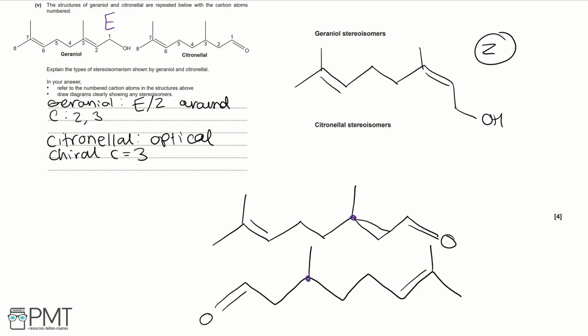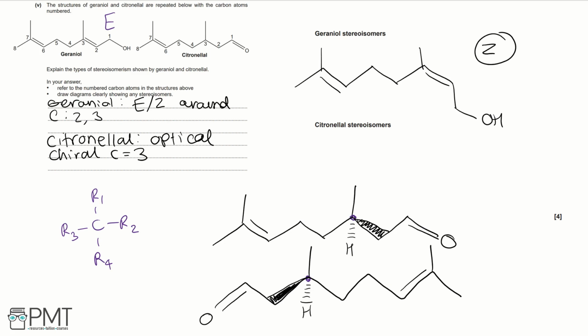So we're going to use a solid wedge leading to the aldehyde group on both sides of the mirror image, and then we're going to have a dotted wedge to show our hydrogen, which is one of our different R groups around carbon number 3, which makes it a chiral carbon. A chiral carbon is a carbon with 4 different functional groups attached. So carbon number 3 is a chiral carbon. So here we've now shown the optical isomerism or the stereoisomers of citronellal.